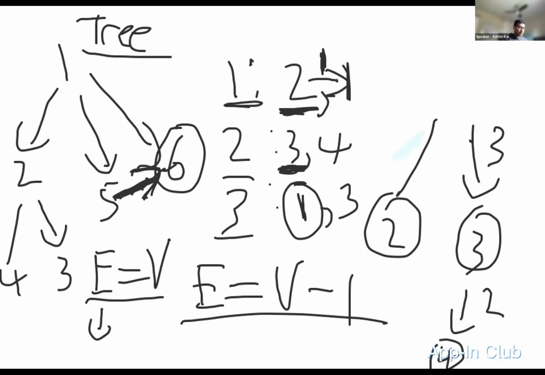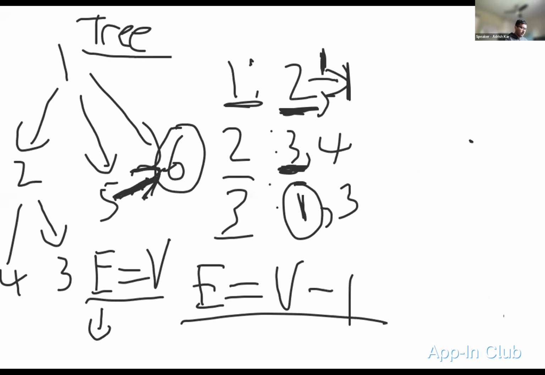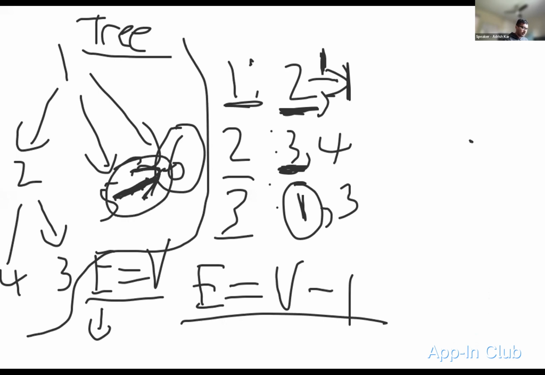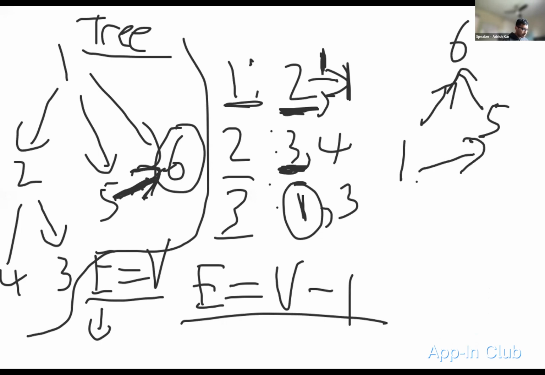So this tree that I drew, we can think of it like this. This is the new edge that we've added: 6, 5, 1. I believe this also maps to 5, 2, 4, 3.